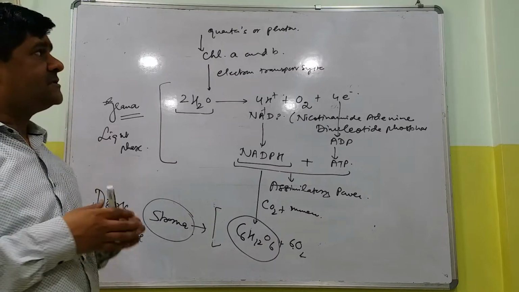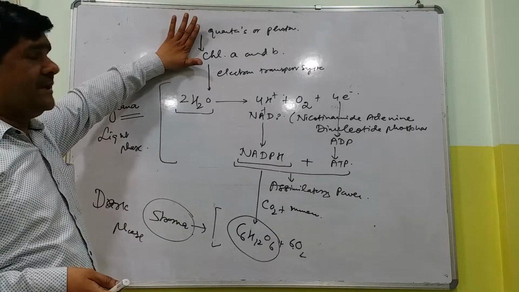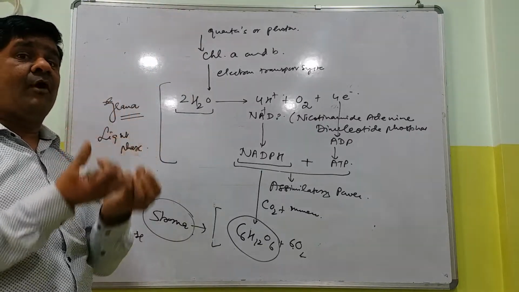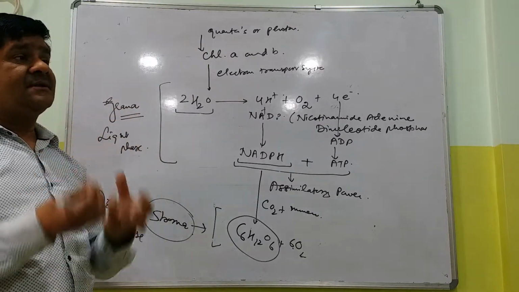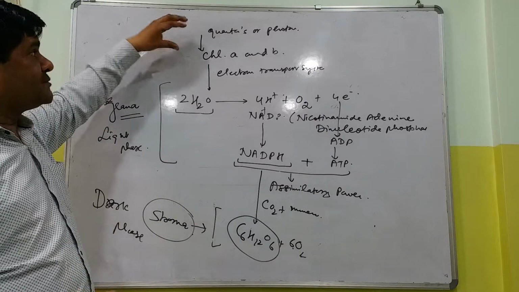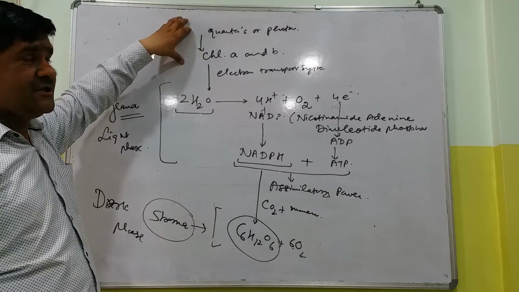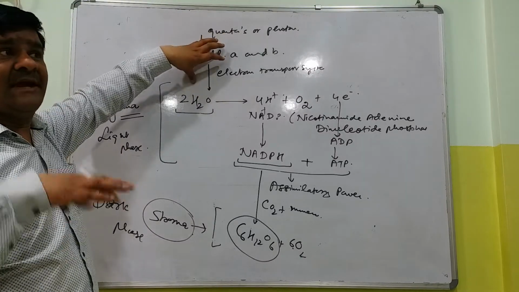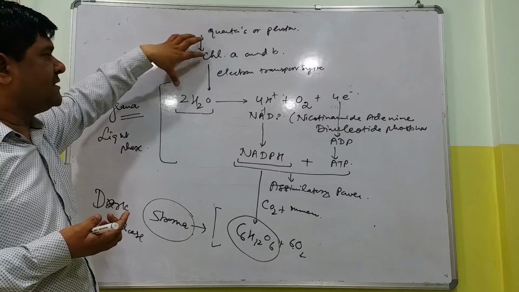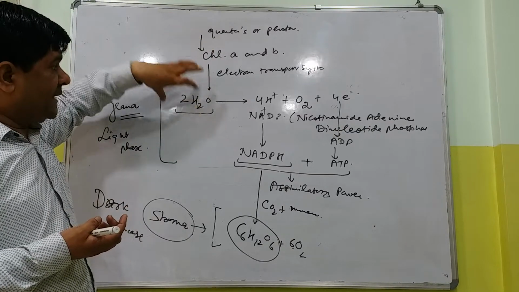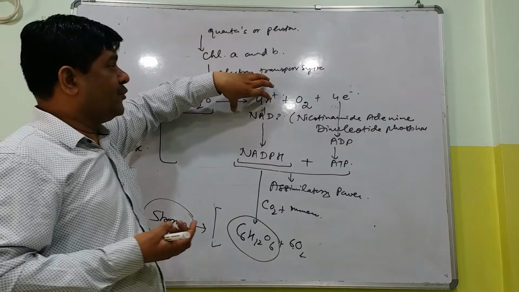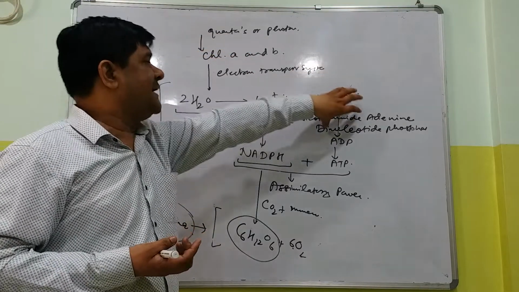So what happens? Chlorophyll molecules A and B receive energy coming from the sun in the form of small packets of energy, known as quanta or photons. On absorbing this energy, chlorophyll A and B molecules get excited. Through an electron transport system, they transfer this energy to water. Splitting of the water molecule takes place, resulting in the formation of proton plus oxygen plus electron.